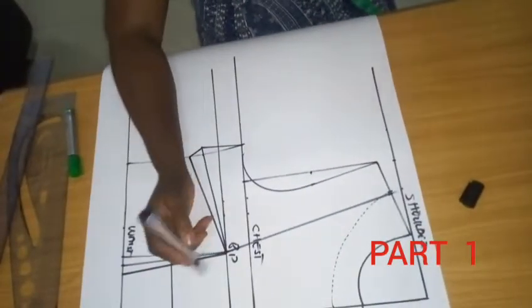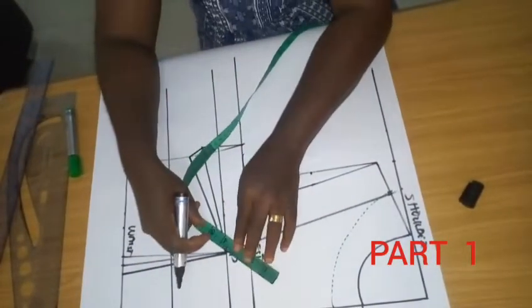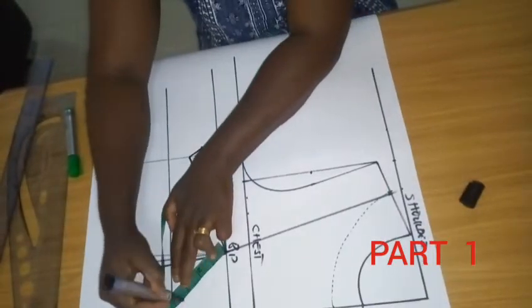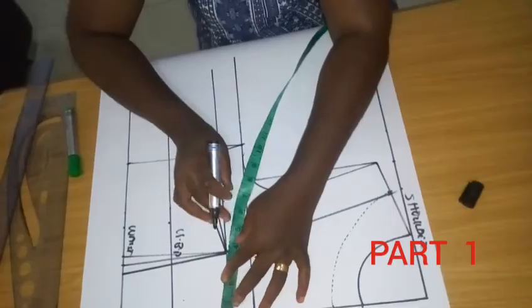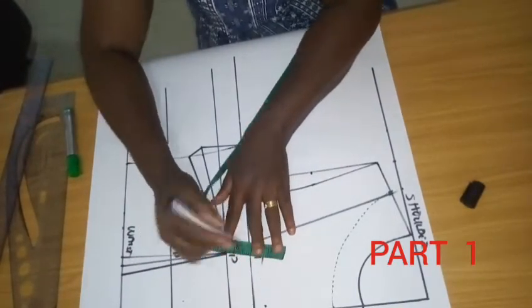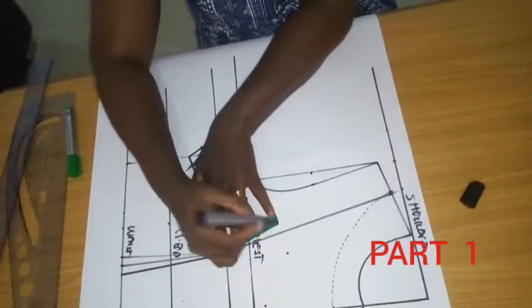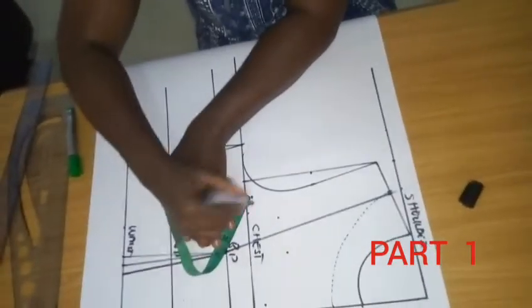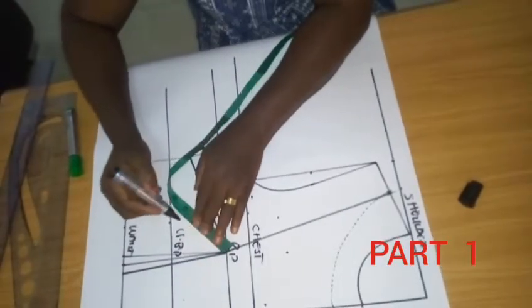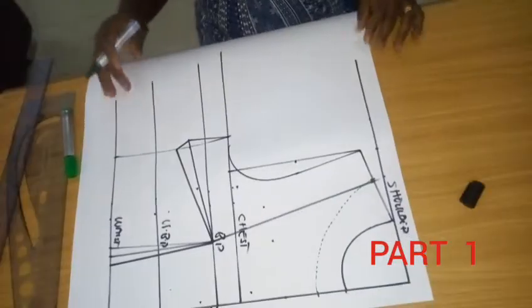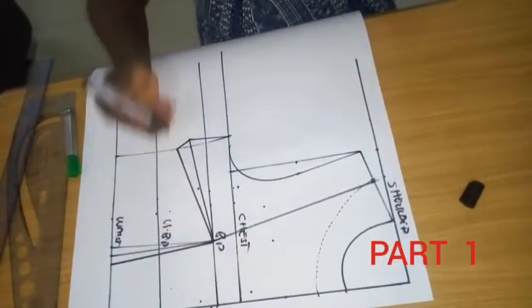Next is to create a bust radius. The difference between the bust point and the under bust is being rotated all around for so many reasons. It goes all around like this, like that. Now we have determined our bust radius.